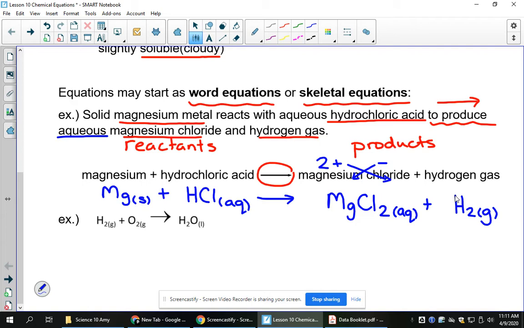Elements can't just disappear into thin air, and we can't just create more of something we never had to begin with. So what balancing does is it takes a look at how many you have of each element and balances them on either side of the equal sign, or in chemistry, that one-way arrow.